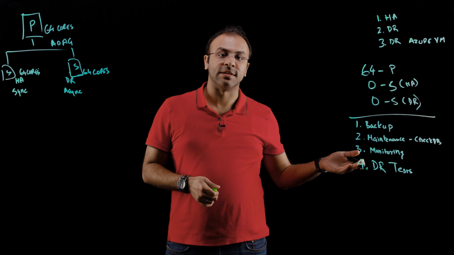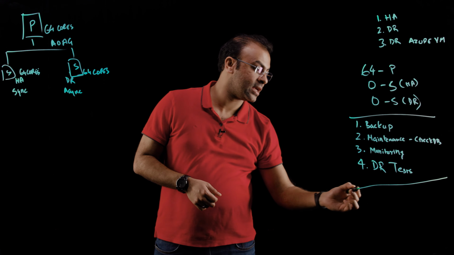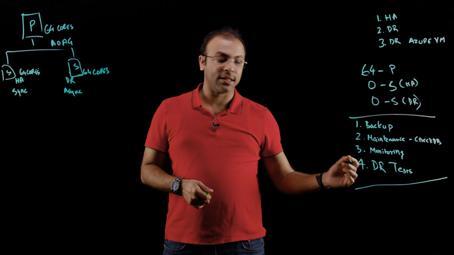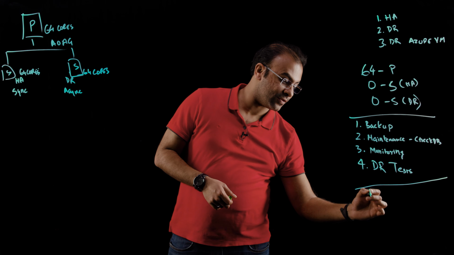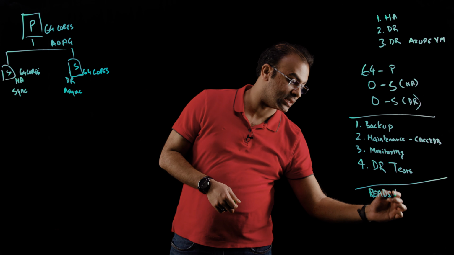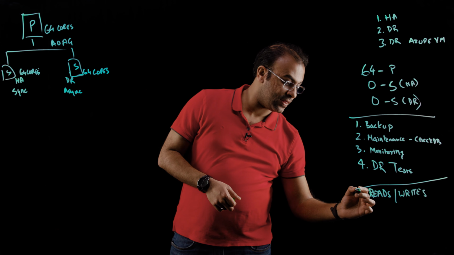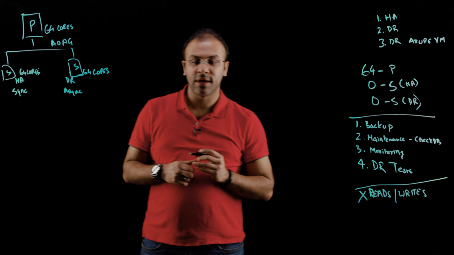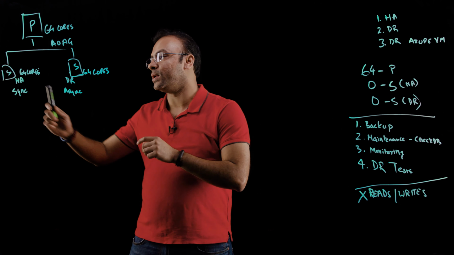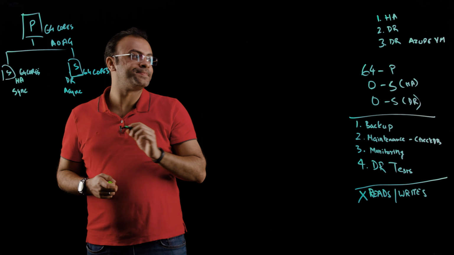Secondary environments can be brought online without incurring additional costs. What is not allowed is any kind of reads or writes from any production application. This is absolutely not allowed. If you have any reads or writes happening in these two replicas, these would need to be licensed.